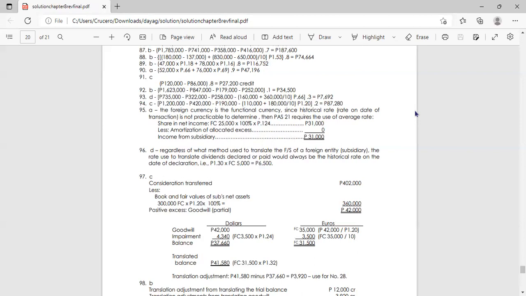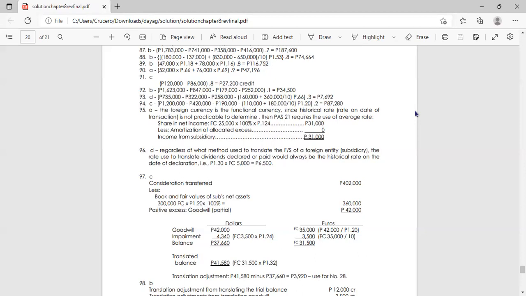As a result of an analysis of functional currency indicators, it was determined that the foreign currency was the functional currency. On December 31, 2025, the foreign subsidiary's adjusted trial balance translated into pesos contained 12,000 more debits than credits.